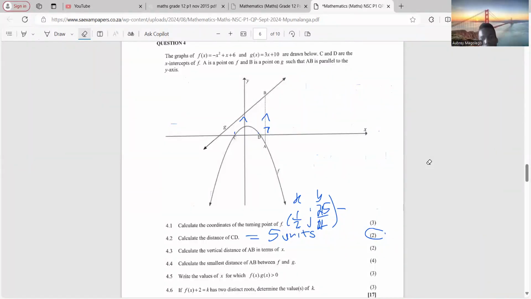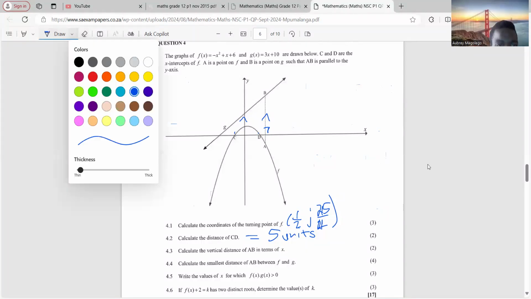We're done. So let us go to the next question. Let me use a thicker pen than black. Yes, let's go to the next question.